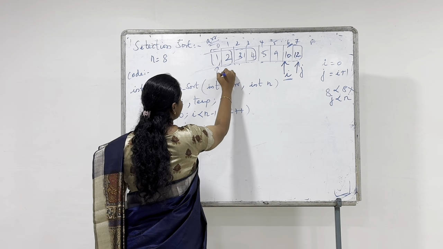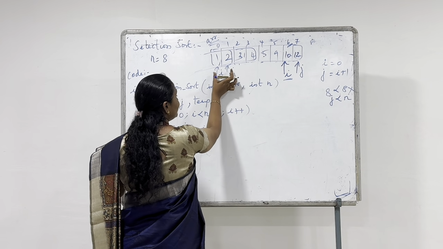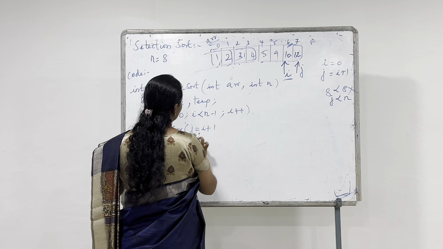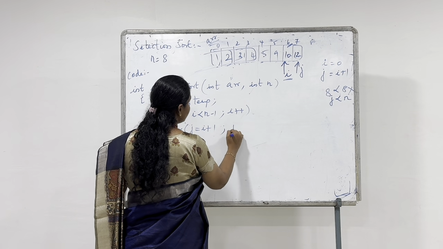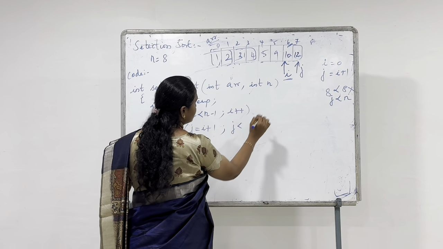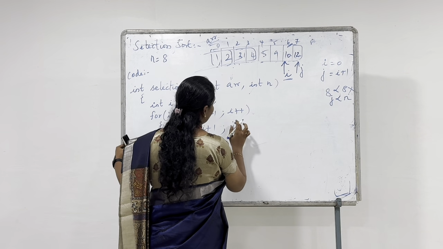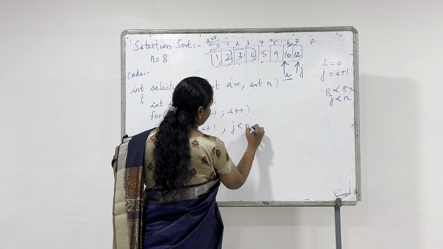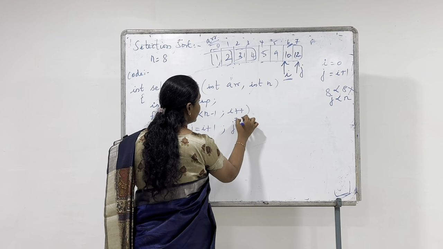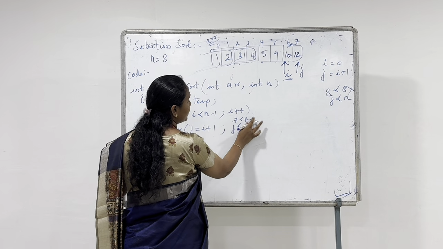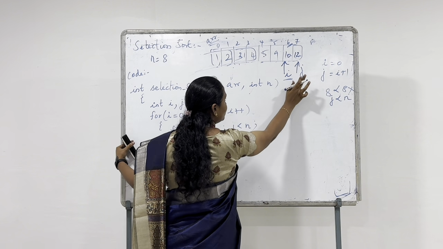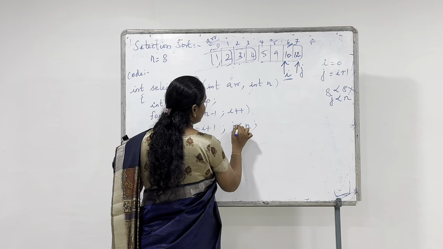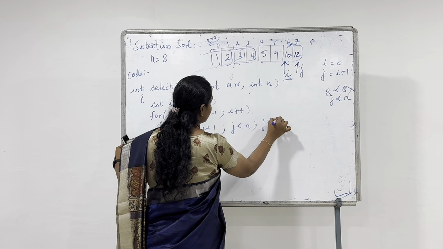So if I starts here, j should be here. Then only we can make comparison. So j should start from I plus 1. j should be less than n, that is 7 should be less than 8. This is the condition, right? So j should go up to this value. So j is less than n and then j plus plus.